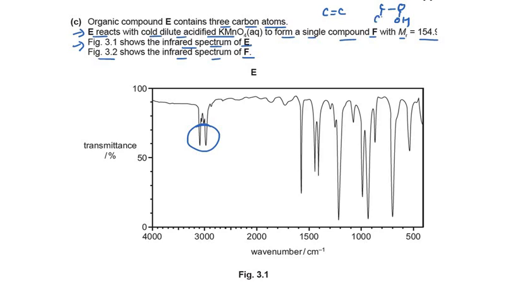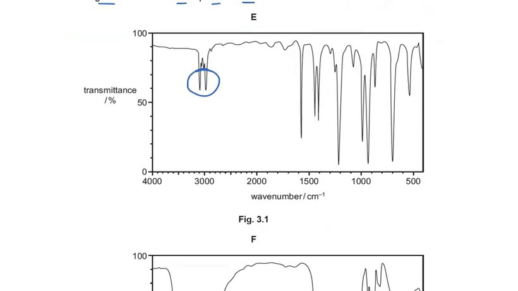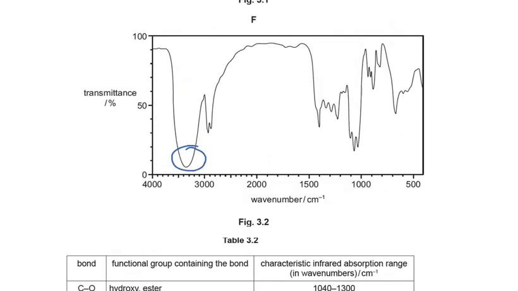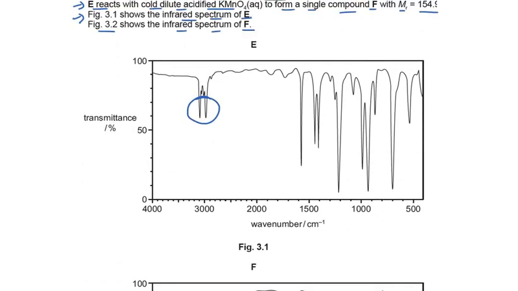That is the main reaction which we have studied, and that compound should be F. So according to me, in E we should have an infrared absorption in the range of C double bond C. Now let's have a look at the table for that. Looking at the table here, the C double bond C range should be 1500 to 1680. Now is that present in the spectrum of E? Let's see that 1500 to 1680.